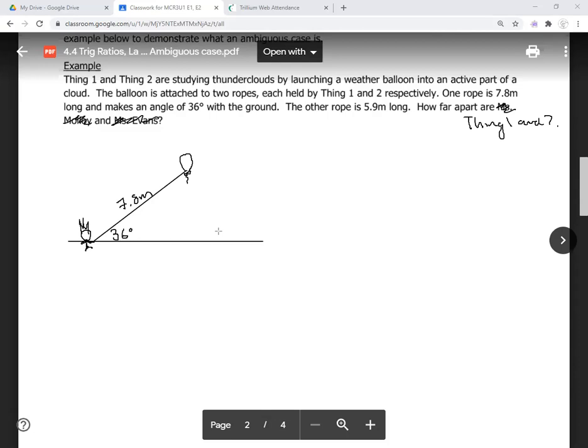Take a guess. Where is the other line? 5.9 meters. Okay, good.